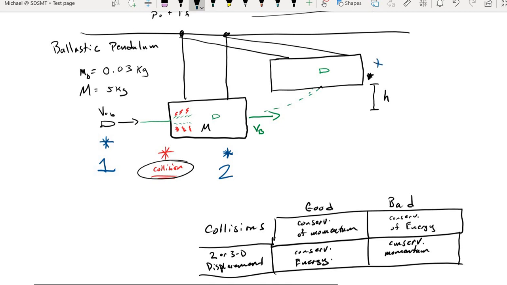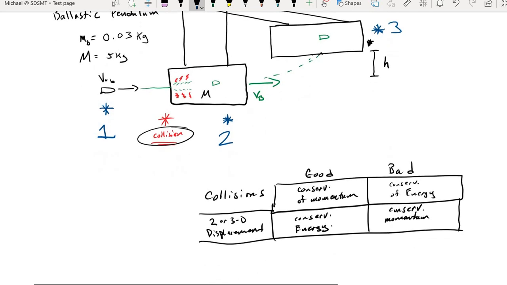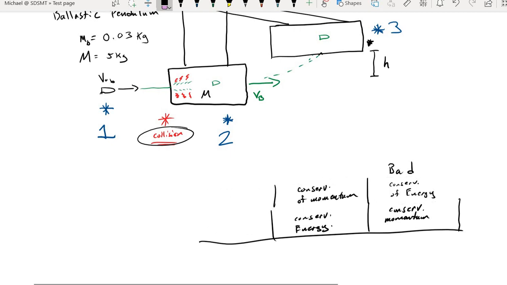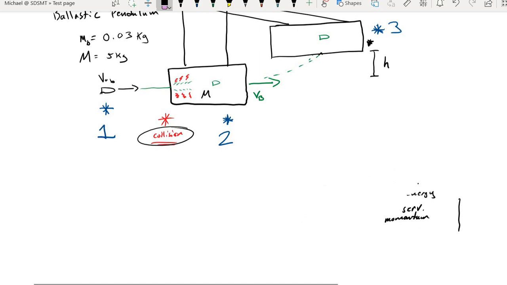And then up here at location 3, this will be the system when the pendulum reaches its maximum height of h. So we've got three different locations or times during the motion of objects within this system.